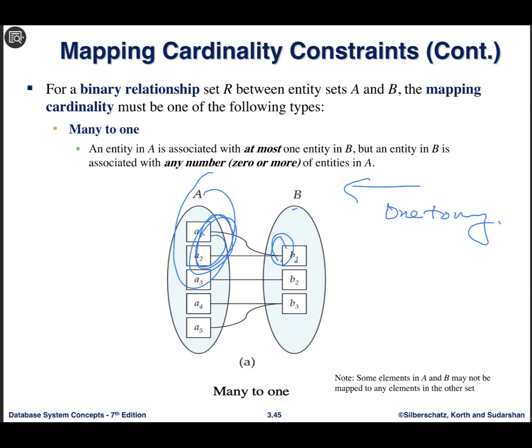Generally speaking, a many to one relationship is actually the same as one to many, but viewed from the opposite side. So if the cardinality here is many to one from A to B, that means if you take a look from B to A, it's going to be one to many. Okay, makes sense?